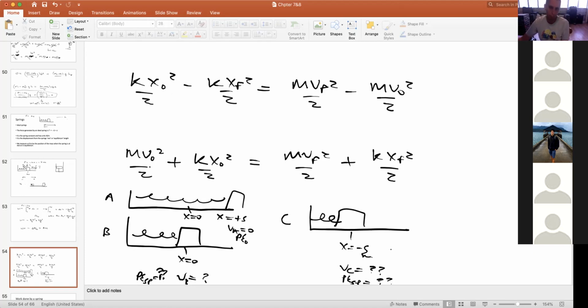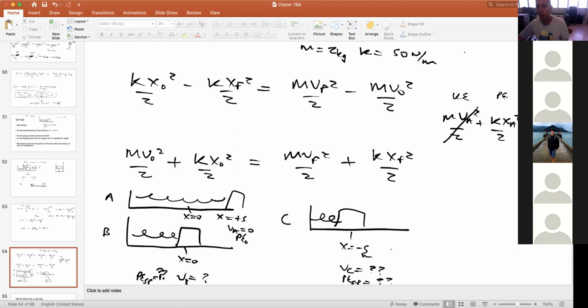at point A, we have m vA squared over 2 plus k xA squared over 2. If m is equal to 2 kilograms and k is equal to 50 newtons per meter. Now, when we pull it, before we release it, v is 0. This is kinetic energy. This is potential energy of the spring.